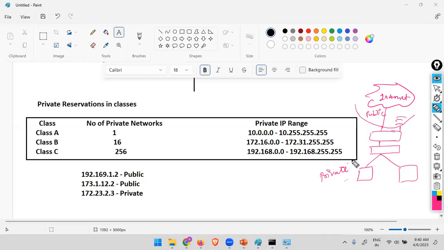So how am I able to go and use this public IP? There is a process that is known as NAT, Network Address Translation. Okay, we will discuss how this NAT is working and how you are able to use the internet, how you are able to use two different IPs, one private and one public. Because if you see in your computer, you can just assign one IP.